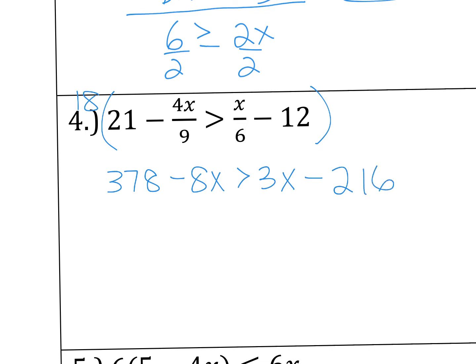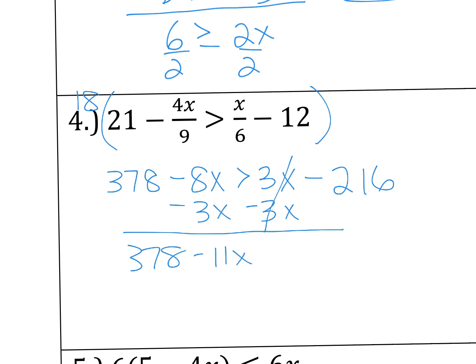Okay, so I'm going to start by subtracting 3x. So I'm going to have 378 minus 11x is greater than negative 216. I'm going to subtract 378 on both sides. So negative 216 minus 378.